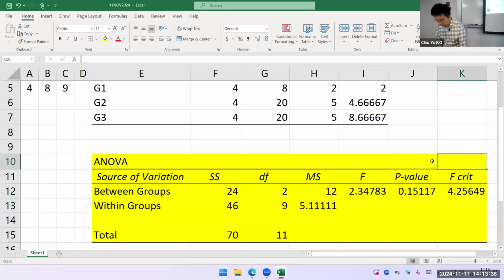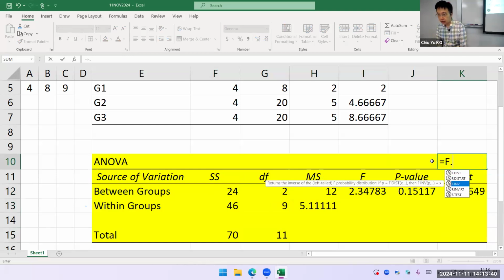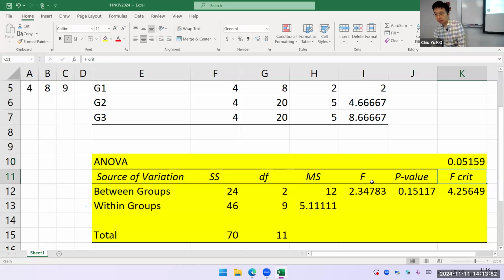Just to show you again how you get this: F.INV, 0.05, 2 and 9. Sorry, it should be this one.